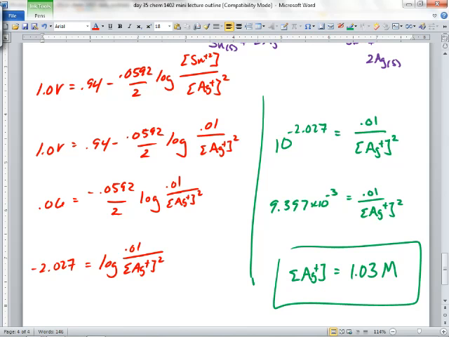I don't know, is that right? Okay. Equilibrium constant expressions, Q expressions, are always products over reactants, raised to their stoichiometric coefficients, right? And leave out solids and liquids.